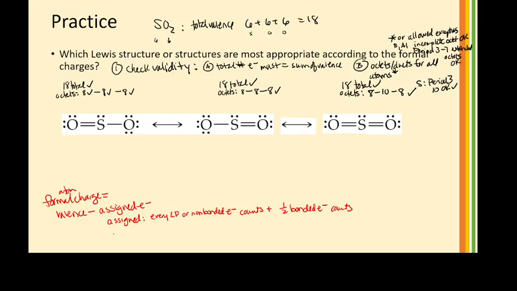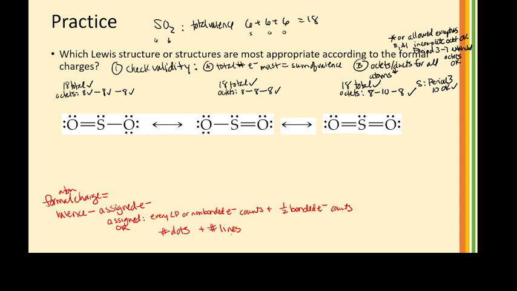However, another way is that every lone pair or every non-bonded electron counts. So a lone pair counts as 2 electrons. It's also equal to the number of dots. So every dot represents a non-bonded electron. So I can just count the number of dots plus the number of lines.